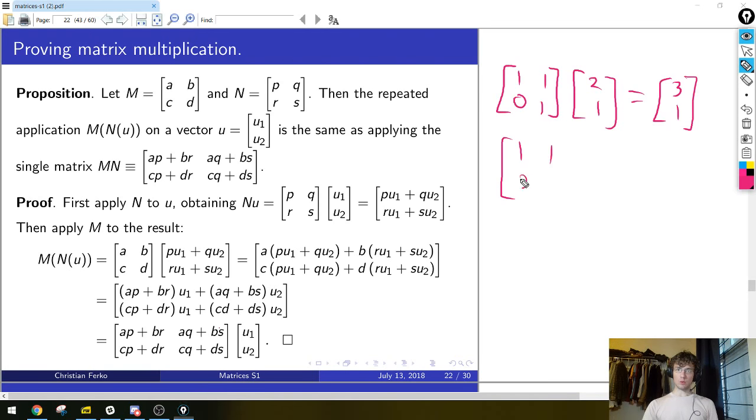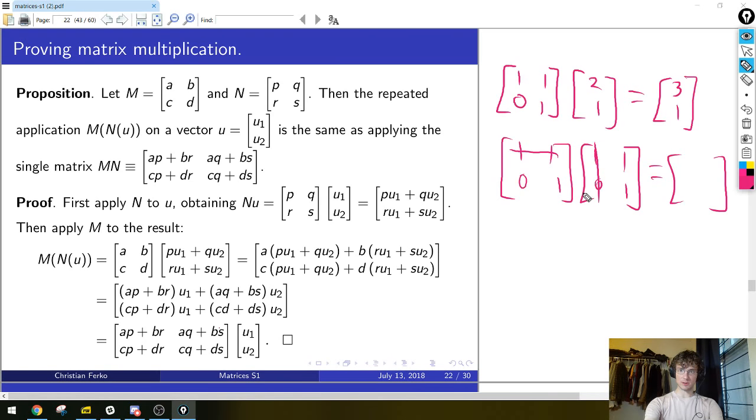So 1, 1, 0, 1 times 1, 1, 0, 1. I'm just going to multiply the same matrix by itself twice. We take the horizontal line times the vertical line. 1 times 1 plus 1 times 0, right? So it's the same thing, but we just pretend the first part of the matrix is a vector. 1 times 1 plus 1 times 0 is 1. 1 times 1 plus 1 times 1 is 2.